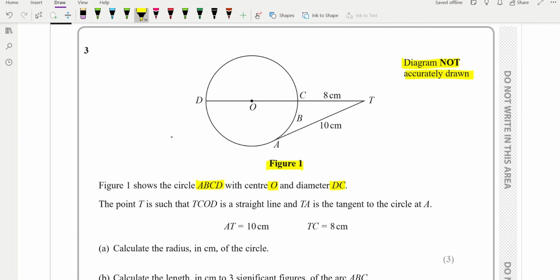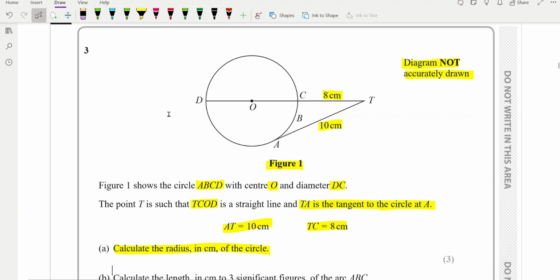The point T is such that TCOD is a straight line, and TA is the tangent to the circle at A. AT is equal to 10 centimeters, which is given, and TC is equal to 8 centimeters, which is also provided. Calculate the radius of the circle in centimeters.